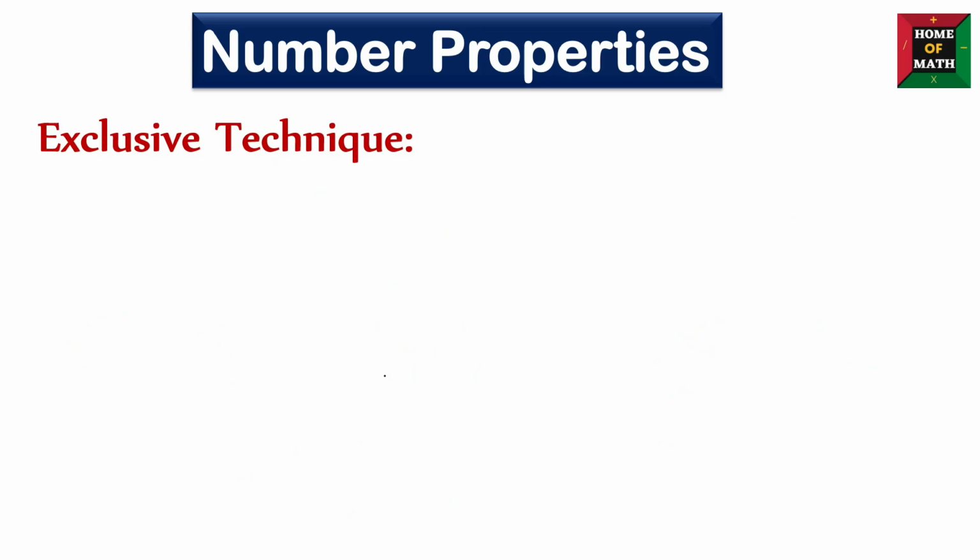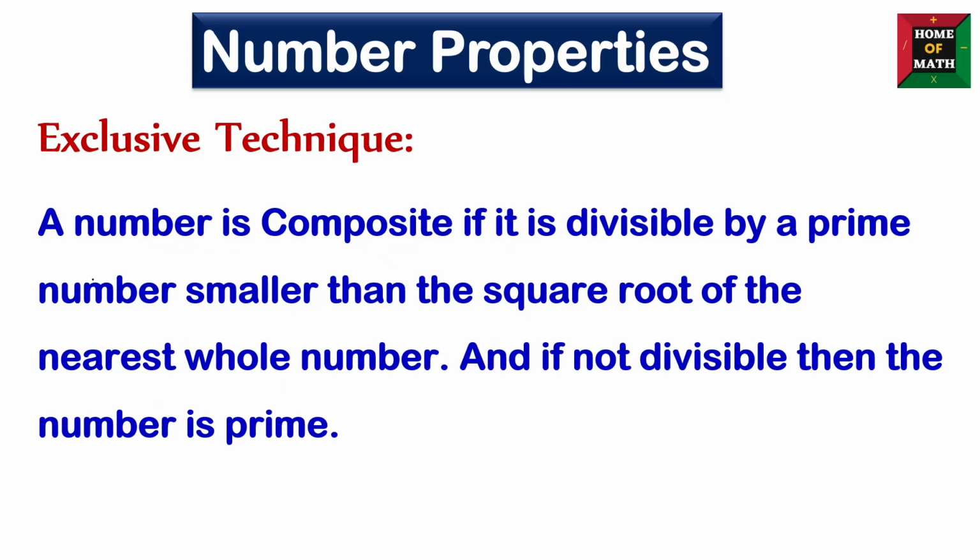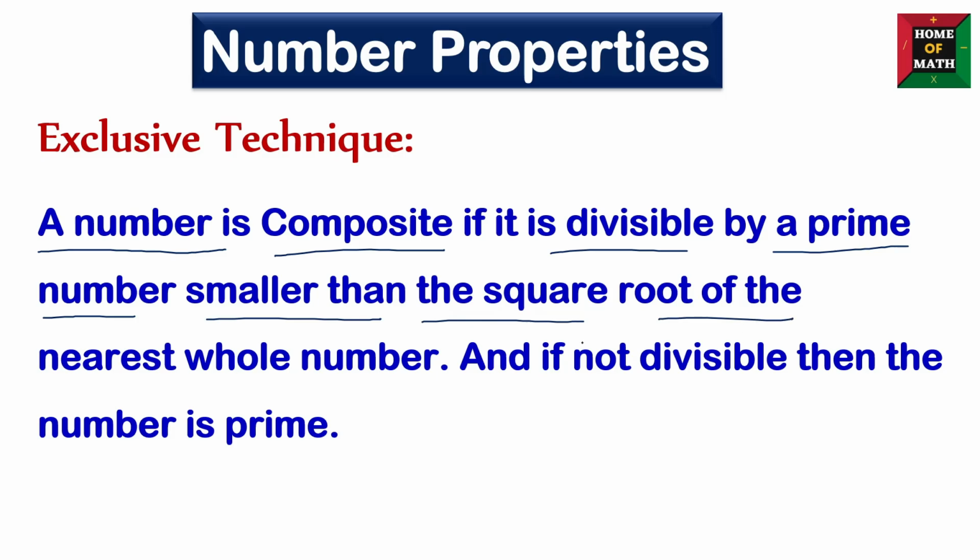Now an exclusive technique to find out prime numbers. A number is composite if it is divisible by a prime number smaller than the square root of the nearest perfect square, and if it is not divisible, then the number is a prime number.